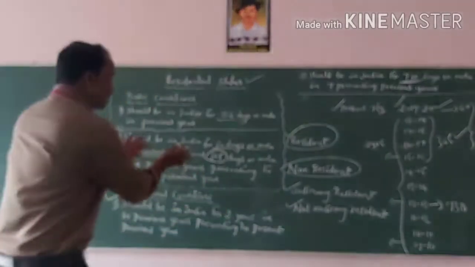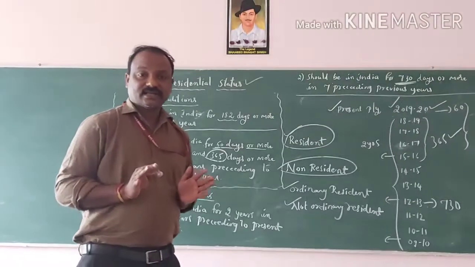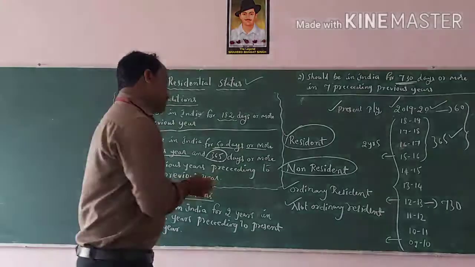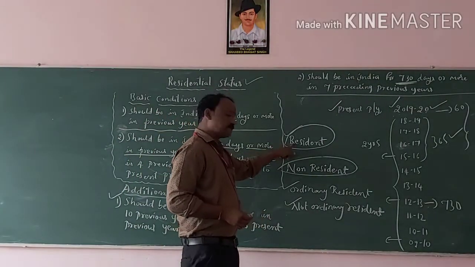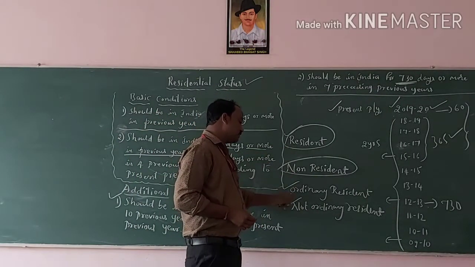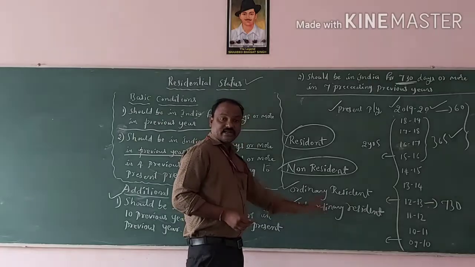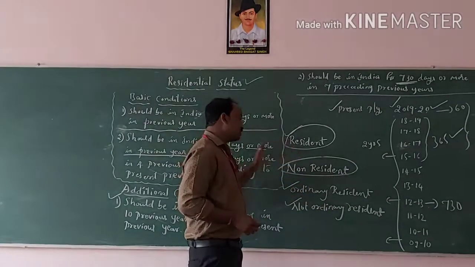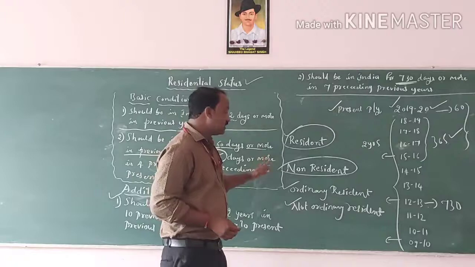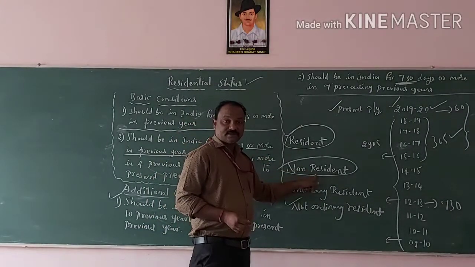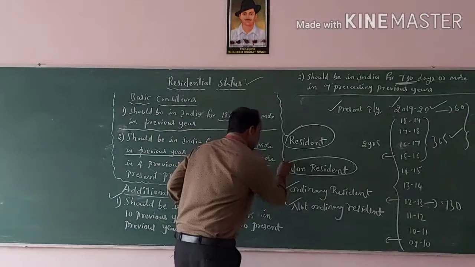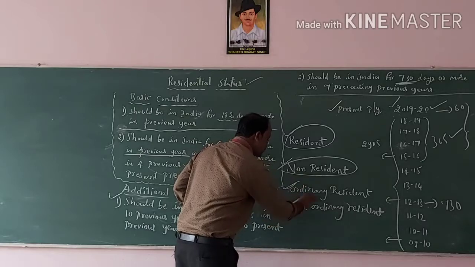This is about residential status. So there are three types of classification. Resident: if he becomes a resident, he may be an ordinary resident or a non-ordinary resident. If he does not fulfill any one of the basic conditions, he becomes a non-resident. So: non-resident, ordinary resident, and non-ordinary resident.